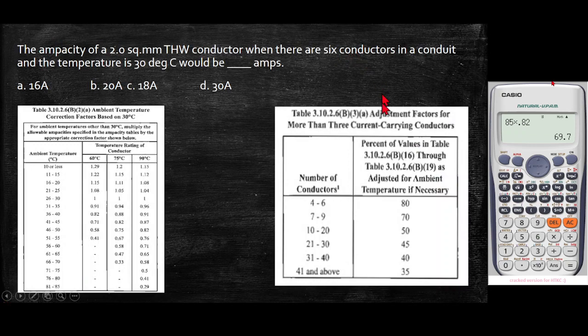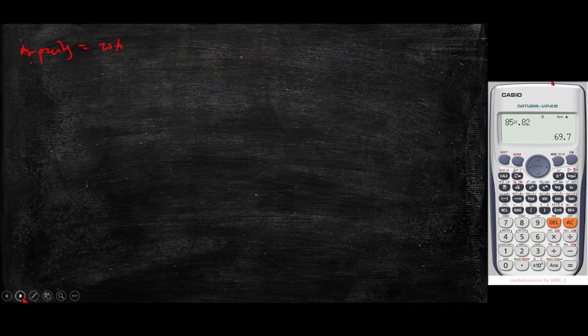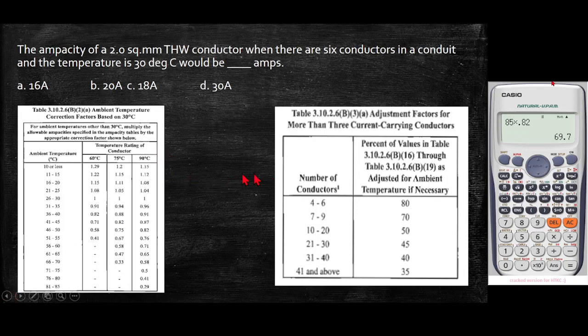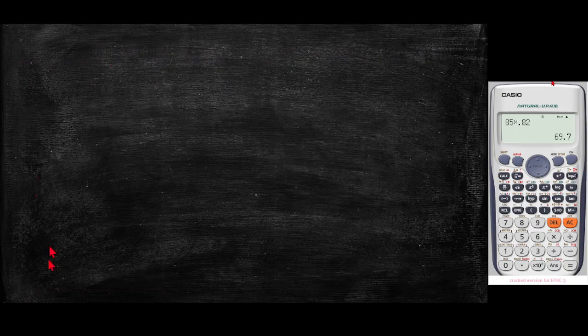Tapos, 6 conductors. So, yung 6 that is 80% for the adjustment factor. Habang yung temperature 30 degrees. So, THW this is 75. 30 degrees is 1. Correction factor is 1 for the temperature. No? We have now getting the adjusted, no? Adjusted ampacity.